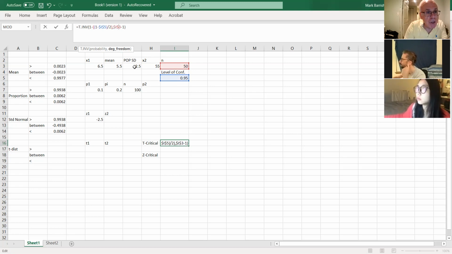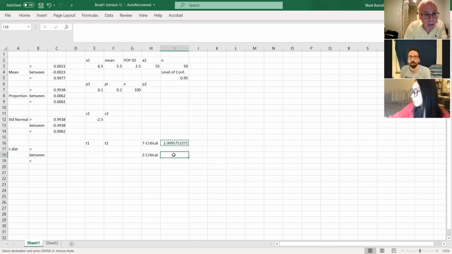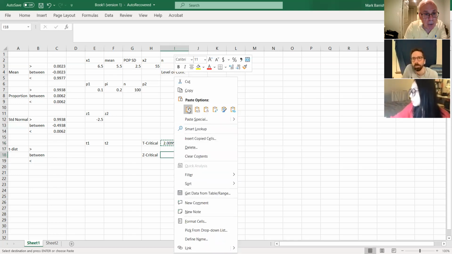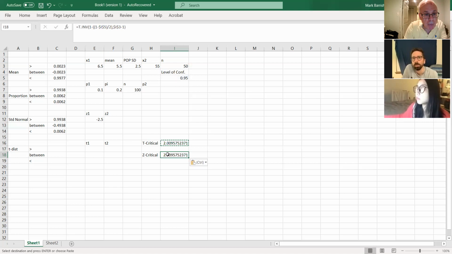So I just fixed everything, and the easiest thing to do is just copy this down, and then just fix it a little bit. And in this formula here, just change this to norm inverse.